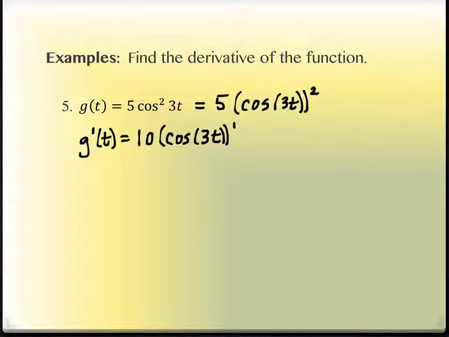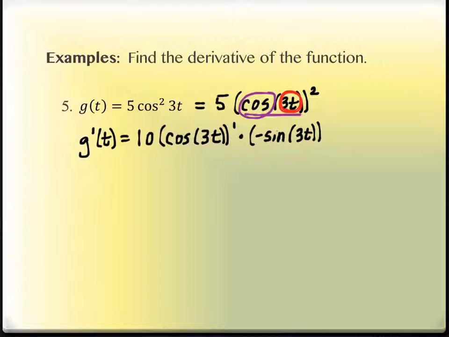Well, the next thing I do is I move inside of the squaring, and I've got another chain rule where it deals with cosine. So what is the derivative of cosine? Negative sine of the same angle, 3t. And now I'm ready to go inside one more time to the 3t.